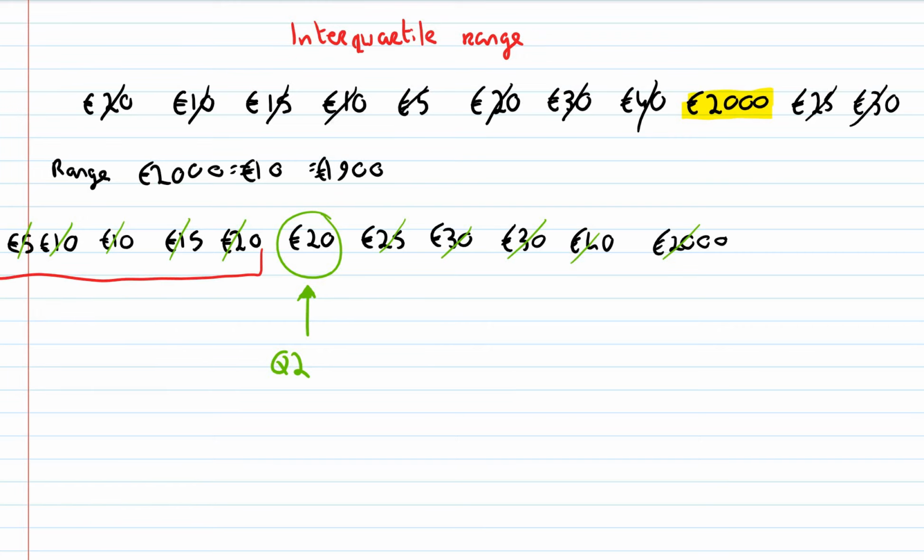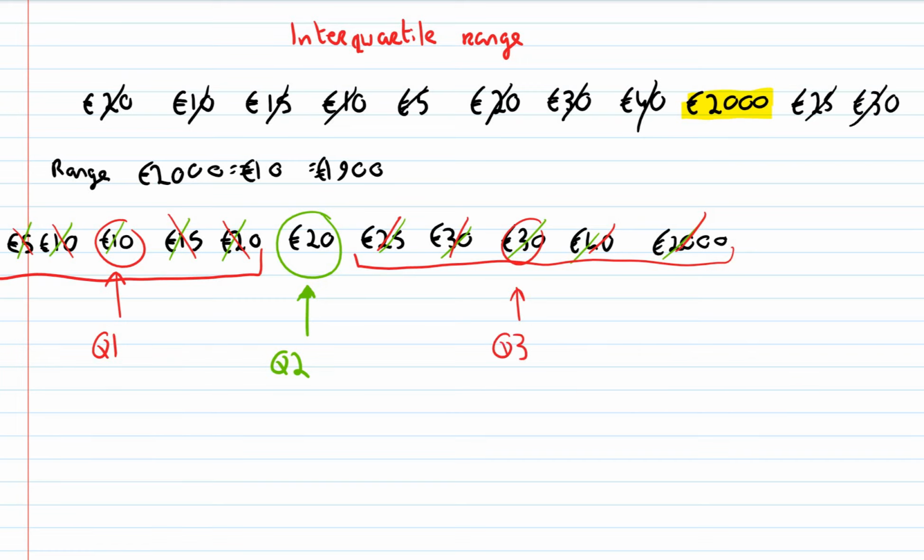Now I take this half of the data and I do the same again. Get the median. It's 10. That's Q1. That's 1/4 of the way into the data. And I do the same on this side. 30 euros, and that's Q3, and that's 3/4 of the way into the data.